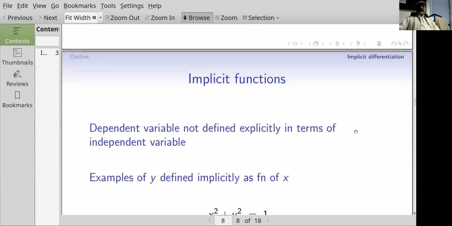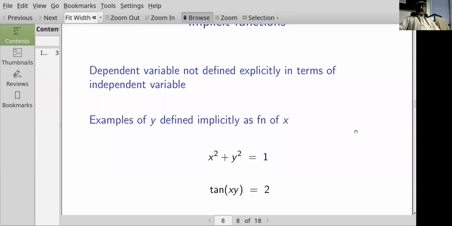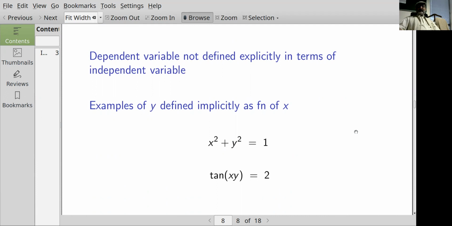Okay, with implicit functions, the dependent variable y is not expressed as a function of x, but you've got some expression which ties together x and y in some way. So x squared plus y squared is equal to 1.